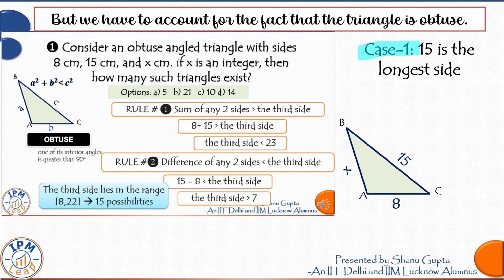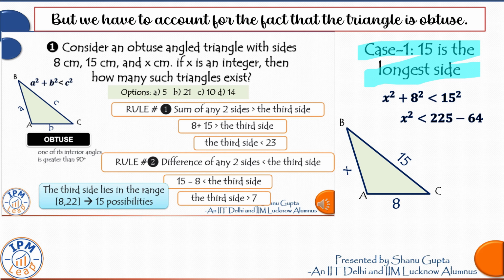Case 1 is when 15 is the longest side. Have a look at this figure. This is what the case looks like. For an obtuse angle triangle, the sum of squares of two of its sides is less than the square of the longest side. So we get x square plus 8 square is less than 15 square. X square is less than 225 minus 64, which calculates to 161.